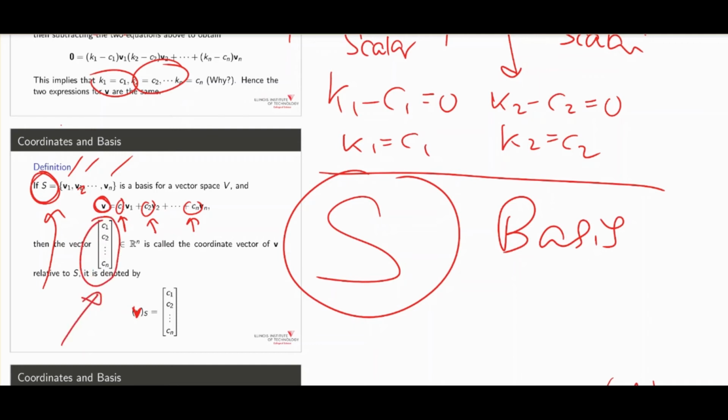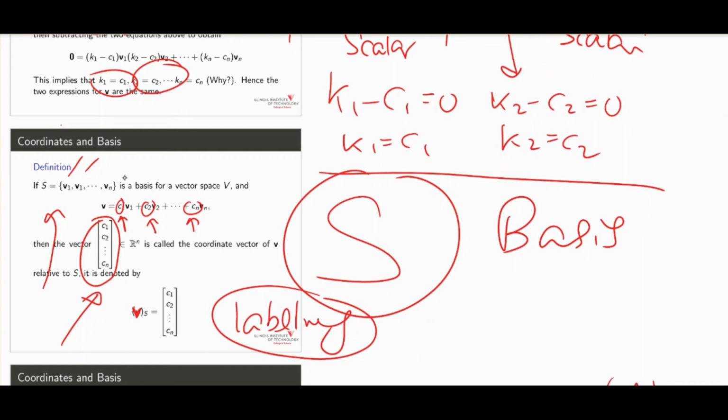So the concept of labeling is the concept of giving them a coordinate. The reason why we need a basis is because we want to make sure every object is labeled. That is the concept of span.